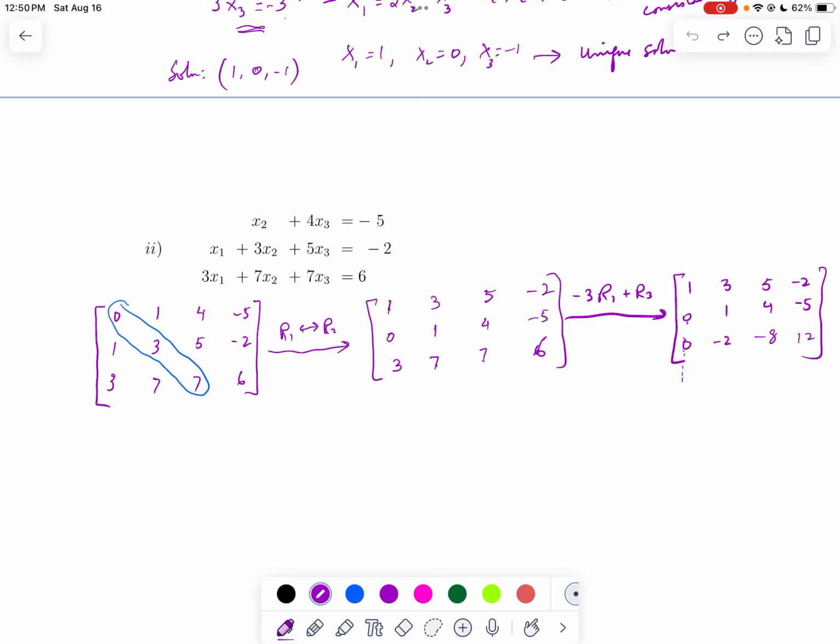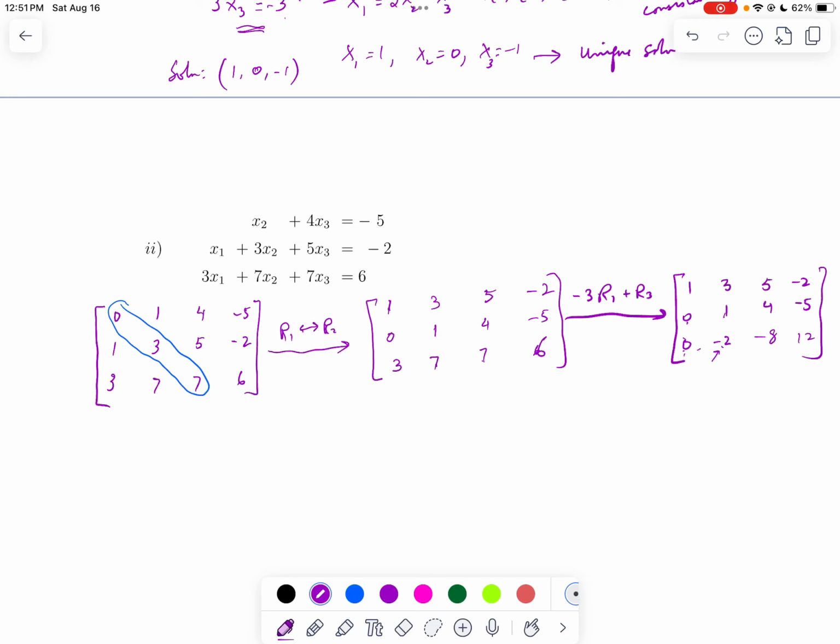And in the second column, you will use the second row to make the entry 0, and so on. So now, I can just multiply the second row by 2 and add it in the third row and make a 0 over here.